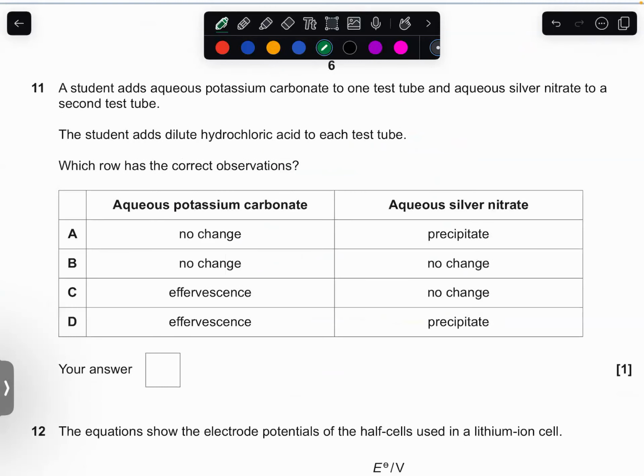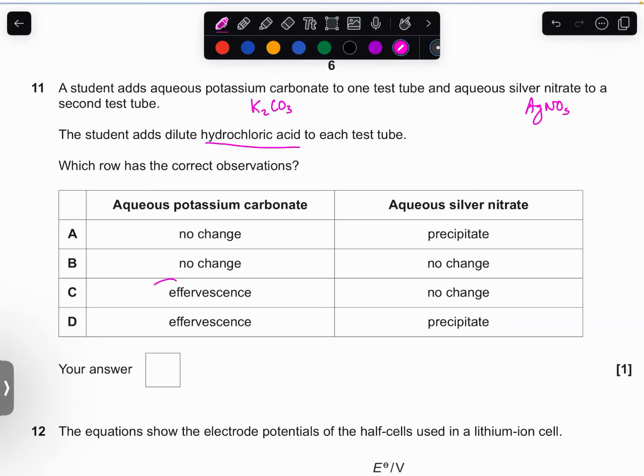Potassium carbonate, K2CO3, to 1 test tube, and aqueous silver nitrate to a 2nd test tube. The student adds dilute hydrochloric acid. Hydrochloric acid will react with the carbonate to give you bubbles.